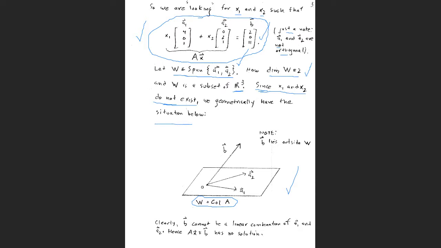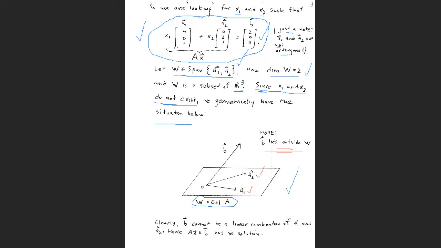And what I've done is, of course, I've drawn the vectors A1 and A2 in my subspace W, because the span of A1 and A2 generates the subspace W. But the vector b cannot lie in W. The vector b has to lie outside of W. Why is that?